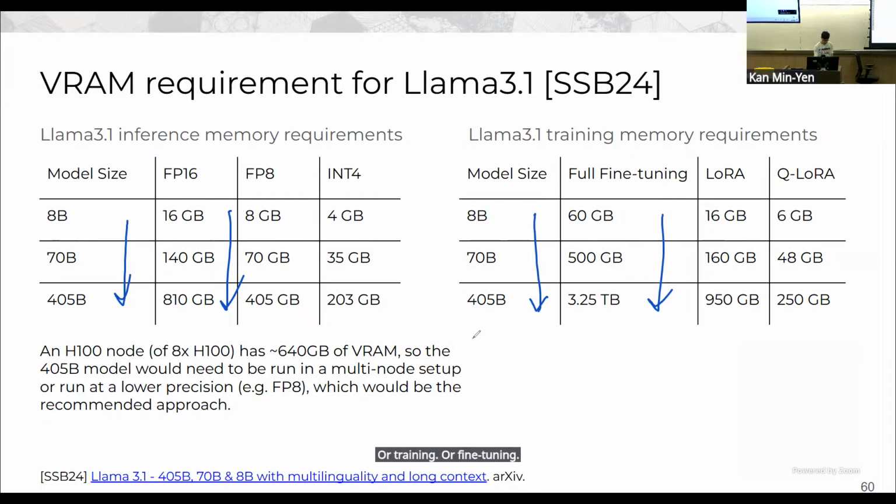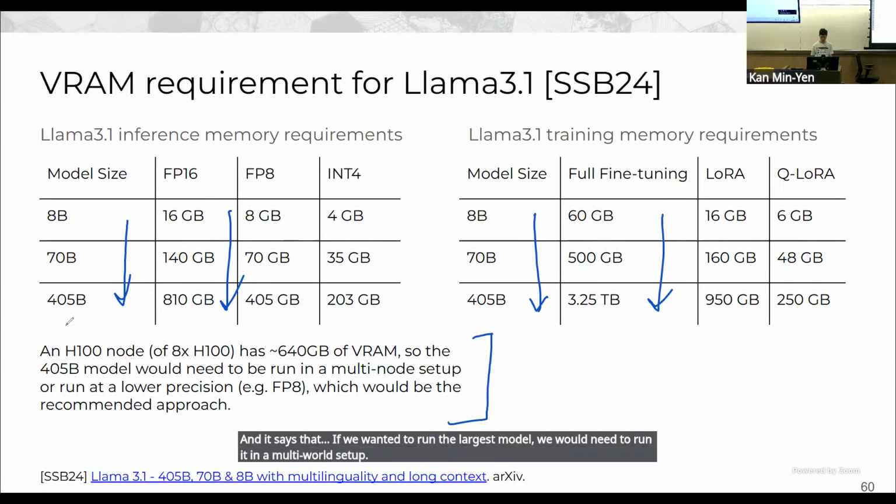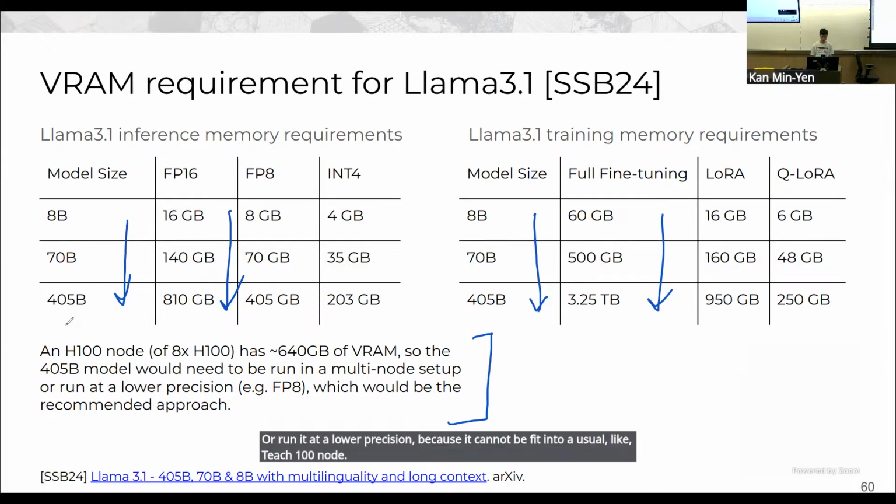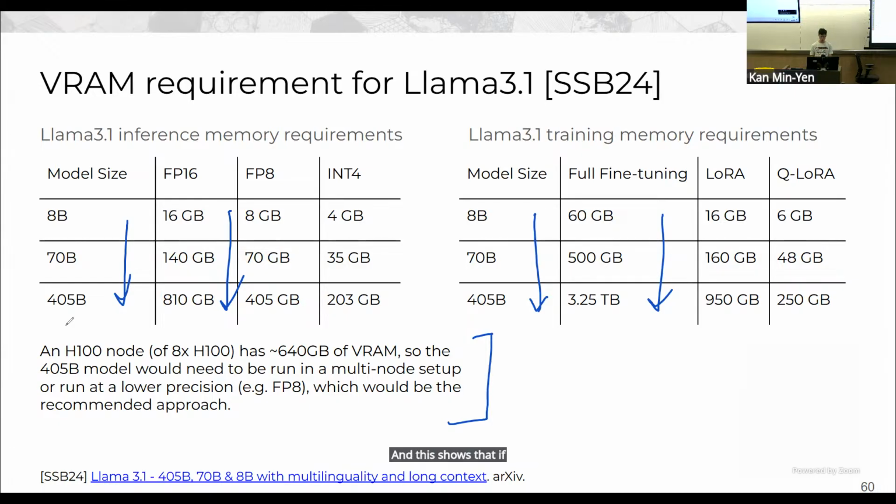This is from the Llama 3.1 model page on Hugging Face. It says that if we wanted to run the largest model, we would need to run it in a multi-node setup or at a lower precision because it cannot fit into a usual H100 node. And this shows that if we are able to reduce the compute requirements, then there will be benefits.